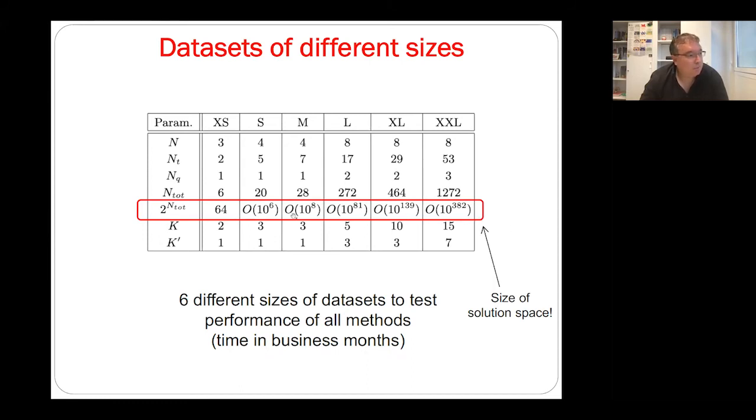Now, what is important is that the size of the solution space is growing exponentially fast. For XS, for a small number of qubits, this was fine, but as soon as you start scaling this up, the problem blows up. You have 10 to the 382 different possibilities. If you want to solve this problem by brute force, there is no way.